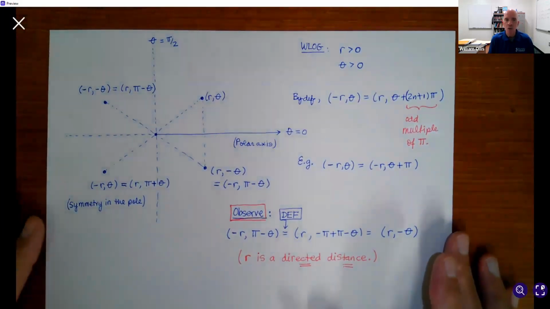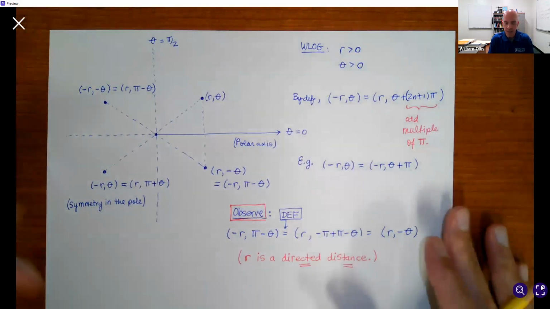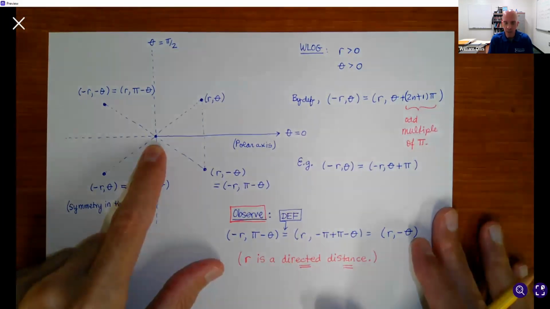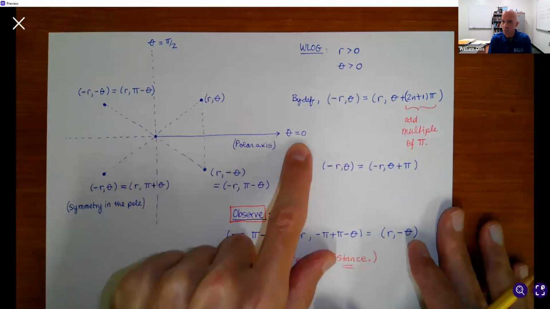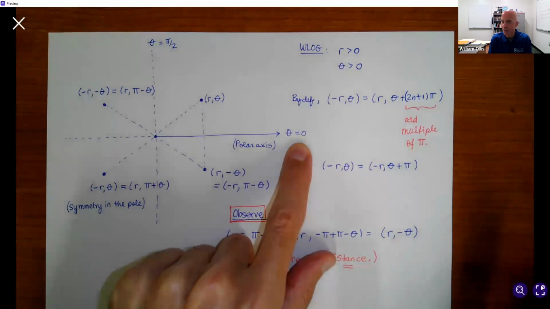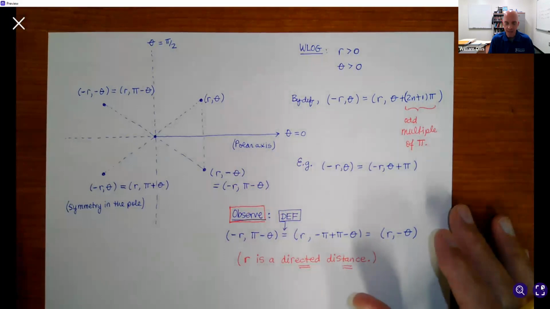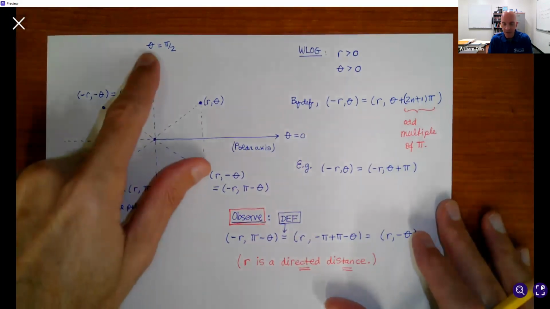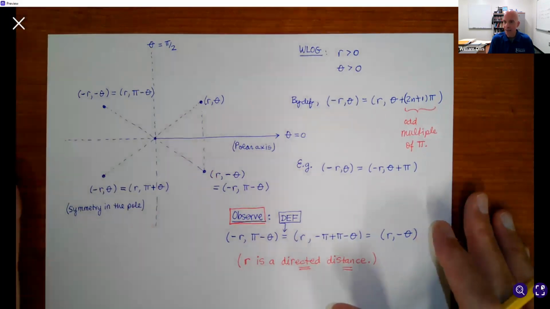When we think of the polar plane, so to speak, we think of the pole here, and we think of the polar axis, where theta is equal to 0, just like we're thinking about the unit circle, or you can think positive x-axis. And then, of course, we can think of theta equal pi over 2 as corresponding to the y-axis.